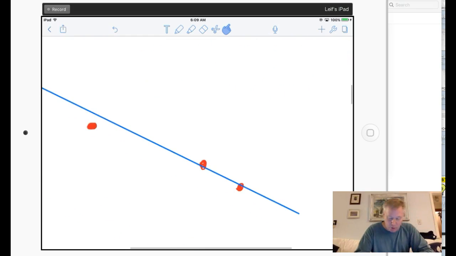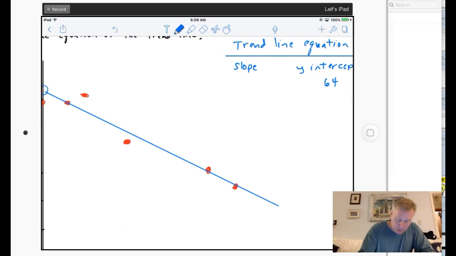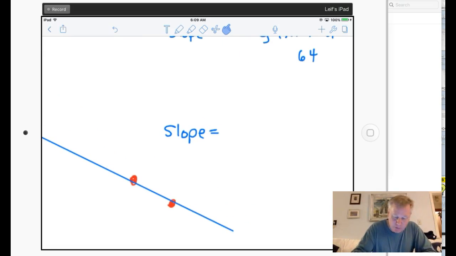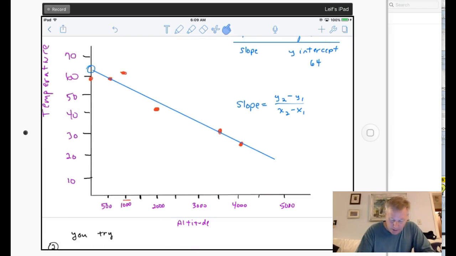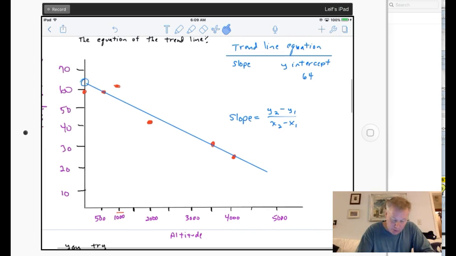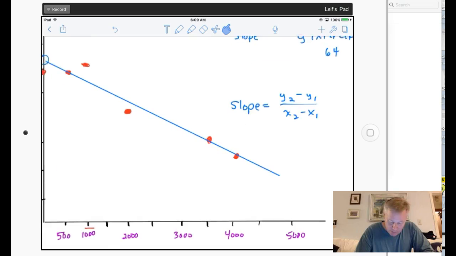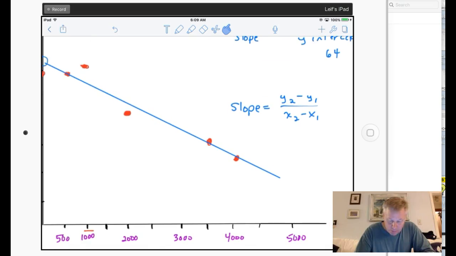And now I got to find the slope. So the good thing about slope is we have an equation, and you should have this equation memorized. It's y2 minus y1 over x2 minus x1. And I need 2 points now. I actually made my trend line hit 2 points there. I can use these two right here. It hit both of those.